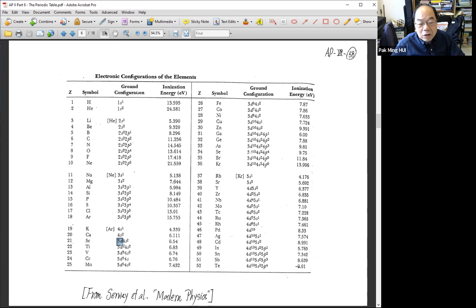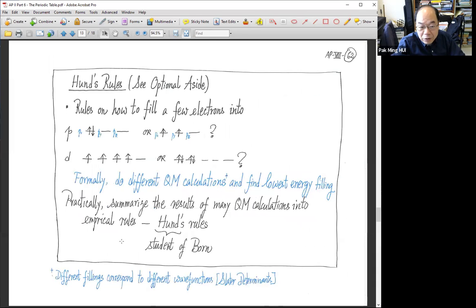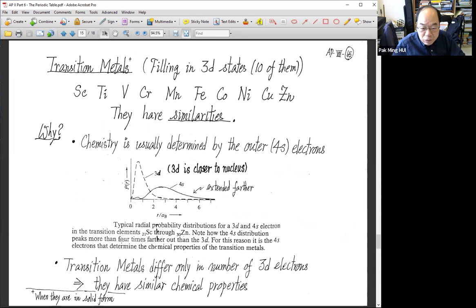Okay, so the 4s in terms of the wave function extent from the nucleus, the 4s wave function is farther away from the nucleus. Then along these transition elements, we are filling another electron into the deeper level of 3d. So-called deeper means closer to the nucleus.